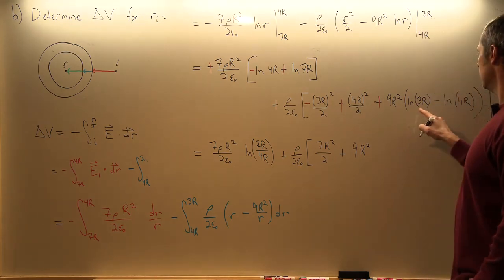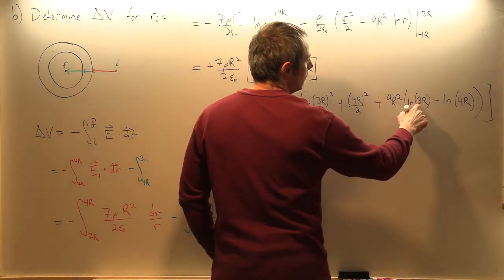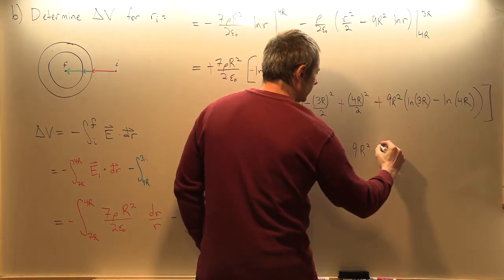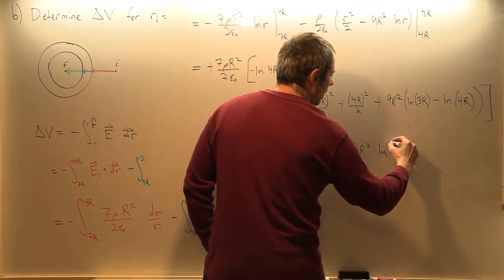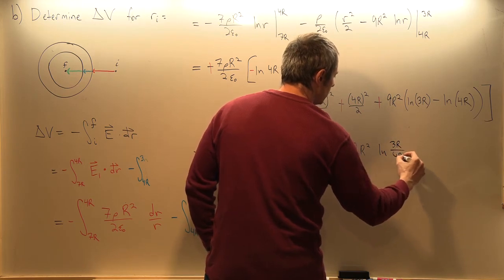And then over here, I could combine these two natural logs as a fraction, log of 3r over 4r. Okay?